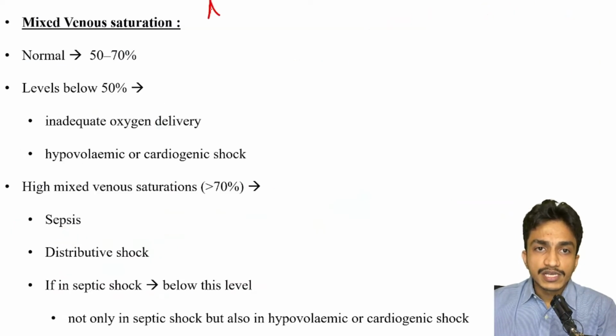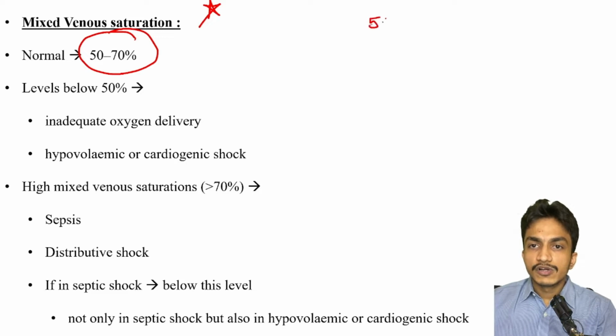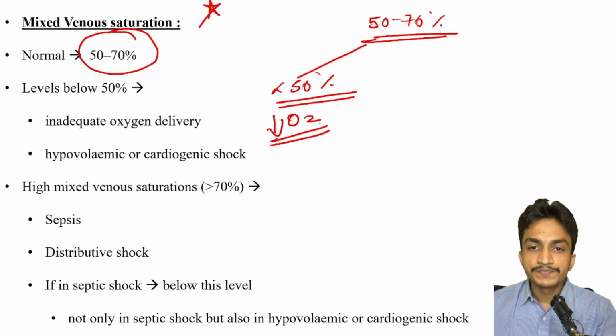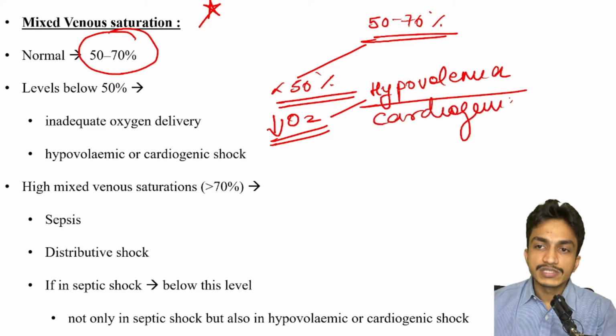Now another important thing is the mixed venous saturation in the body. The normal level is between 50 to 70%. If it goes below 50%, there is less delivery of O2 to the tissues, as seen in hypovolemia or cardiogenic shock, wherein there is poor oxygenation and poor flow to the tissue.